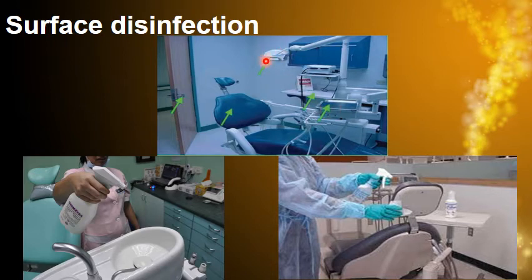All these are important sites that I should do surface disinfection for. Another is the spittoon. It is one of the most important sites that you students all forget to disinfect. And the headrest. The most important part of the chair is the headrest.